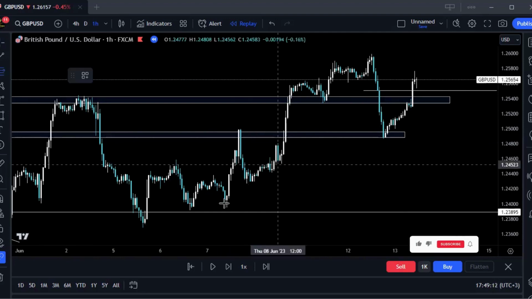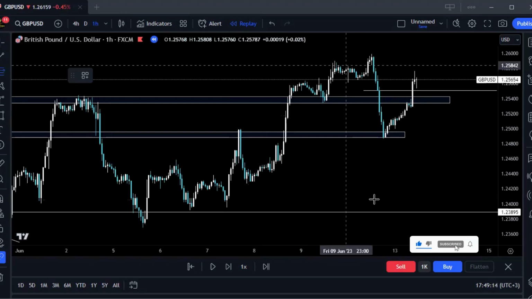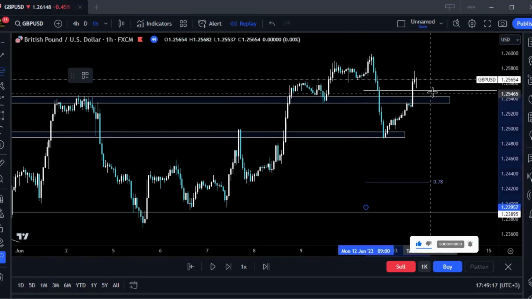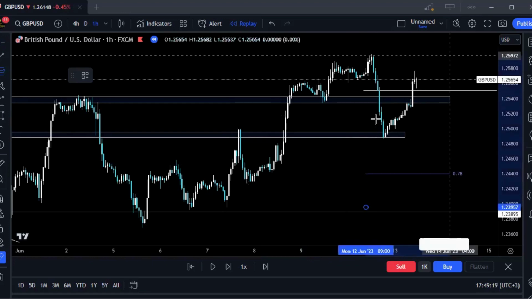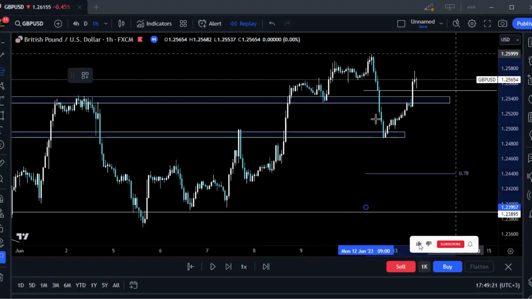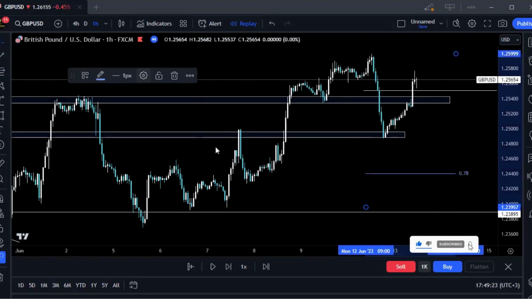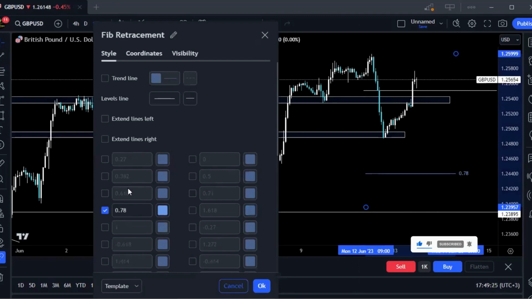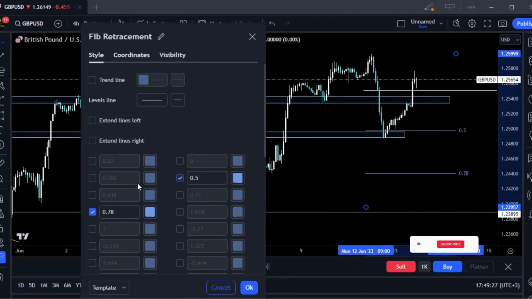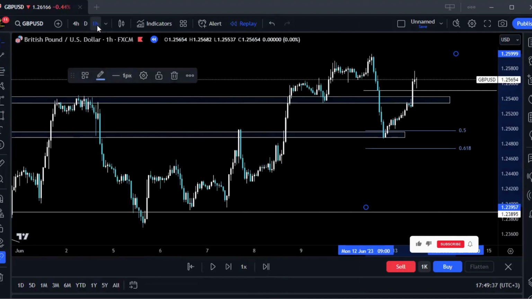more confluences. So I'd consider this whole move as an impulsive wave and this as its retracement. So I need to see where it actually fell on the Fibonacci. Was it the 0.5 or 618? I'm not sure. 0.5 was violated, 618 didn't hold up. Okay, so that's on the 1 hour.